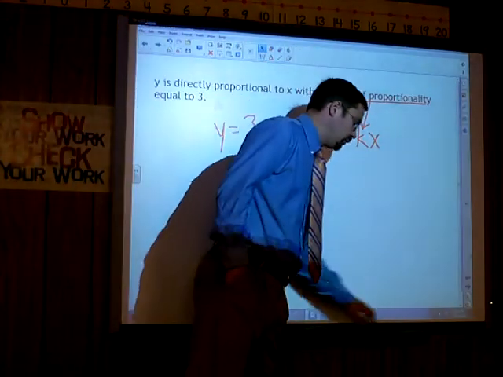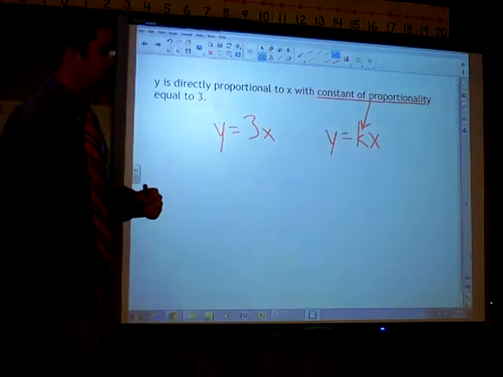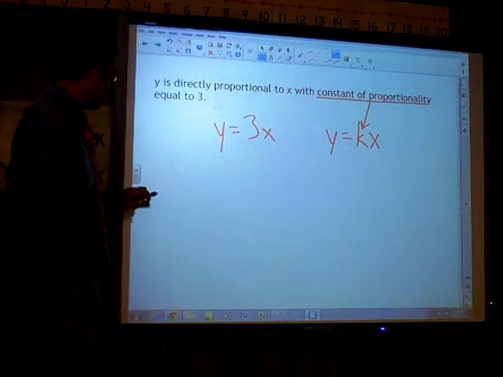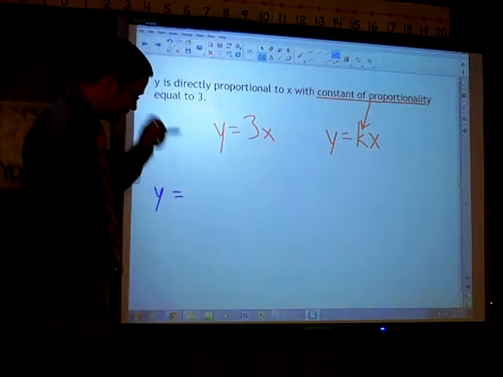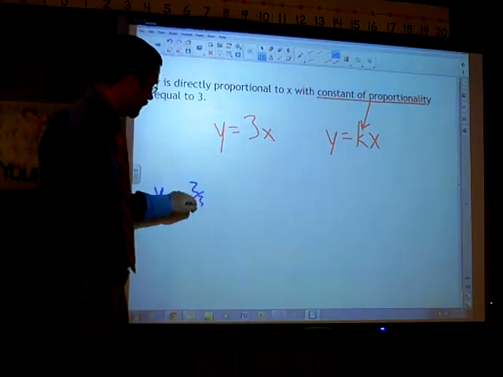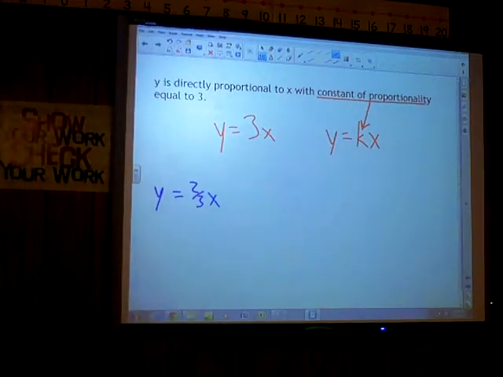What if I gave you an equation? See if you could write the sentence for it. All right. Suppose I told you that y equaled 2/3 x. All right. Could someone describe what's going on there?